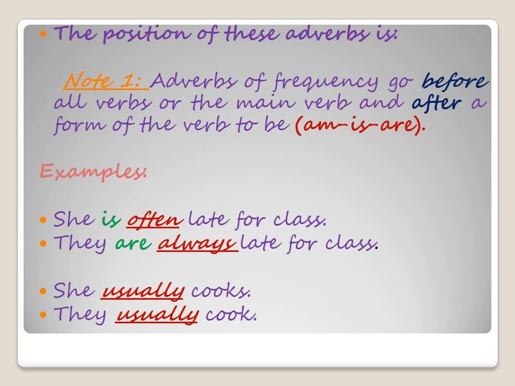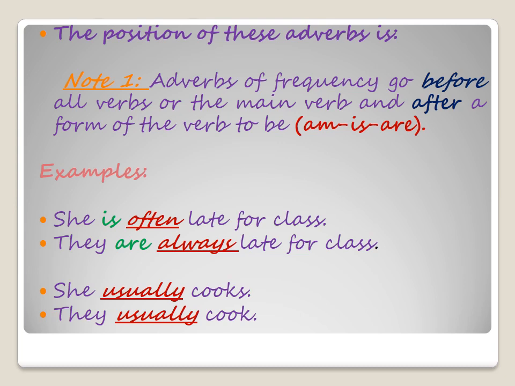So adverbs of frequency go before all verbs or the main verb and after a form of the verb to be: am, is, or are. She is often late for class. In this case, the adverb of frequency is positioned after the auxiliary verb to be.